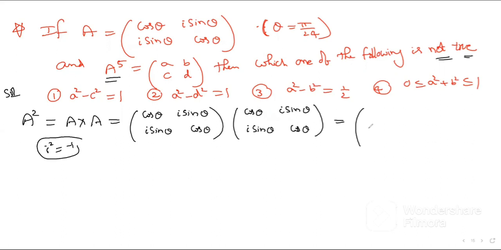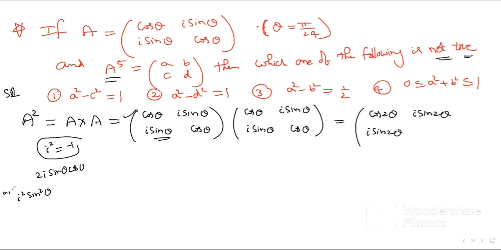Cos square theta minus sin square theta is cos 2 theta. First row with the second column: i cos theta sin theta plus i cos theta sin theta, which is 2i sin theta cos theta, that is i sin 2 theta. Second row, first column is also i sin 2 theta.